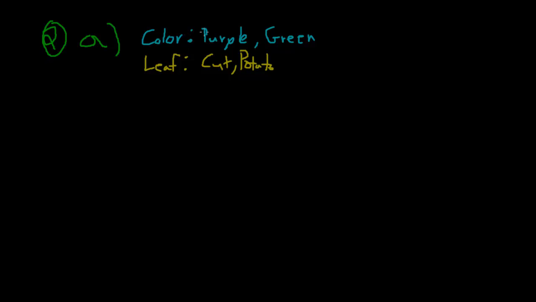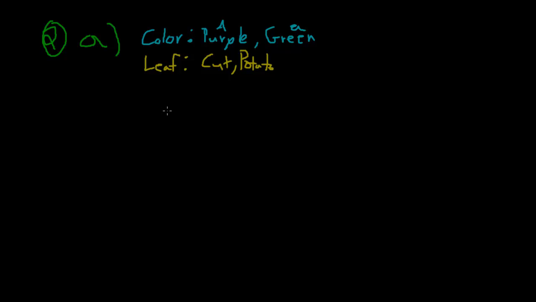From this we can infer that purple is the dominant allele and green is the recessive allele. Hopefully that makes sense, but in short, we see that purple exists when green doesn't, given the same exact leaf cut, or leaf shape.